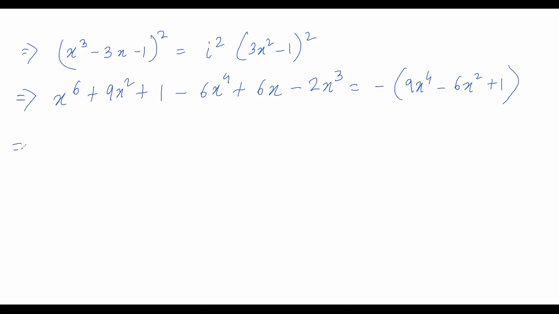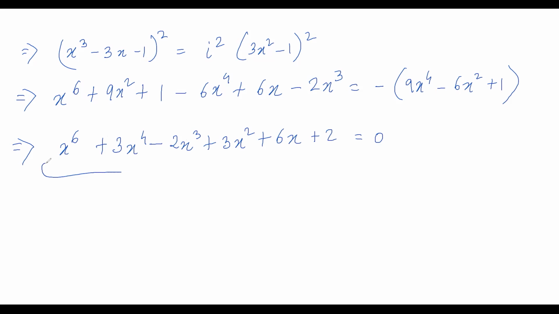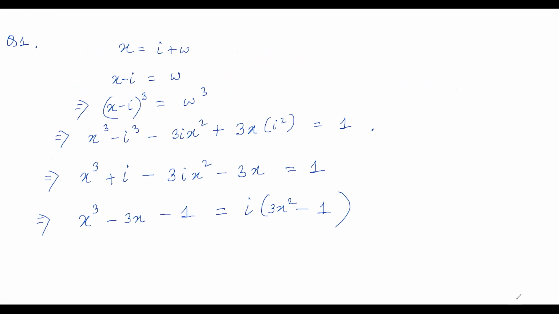And now if you take everything on one side and simplify it out, you are going to get x to the power 6 plus 3x to the power 4 minus 2x cubed plus 3x squared plus 6x plus 2 equals 0. And so this is your required polynomial, and it has one of its roots to be i plus omega.